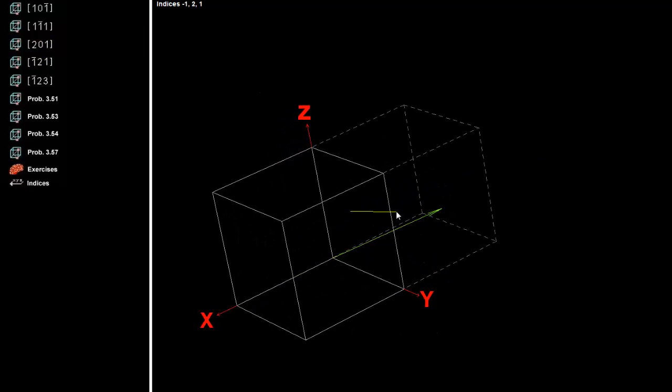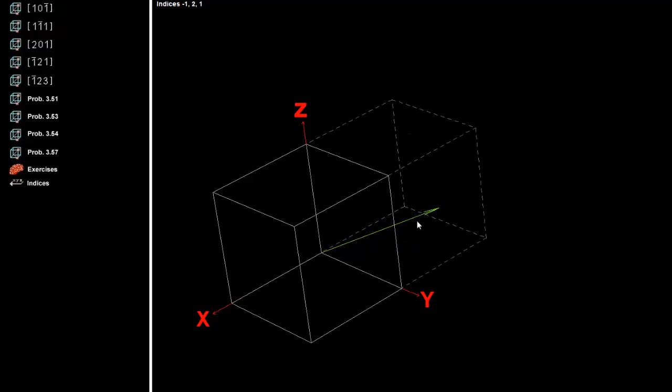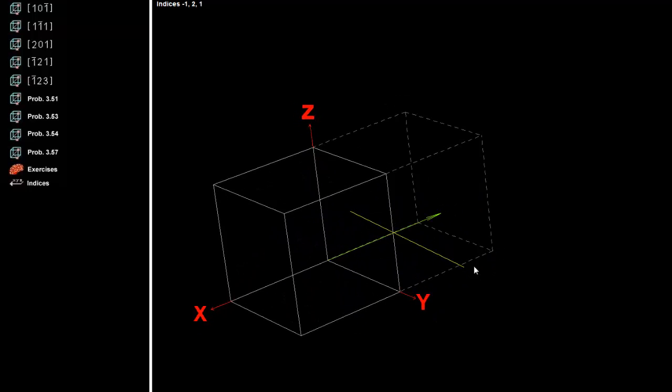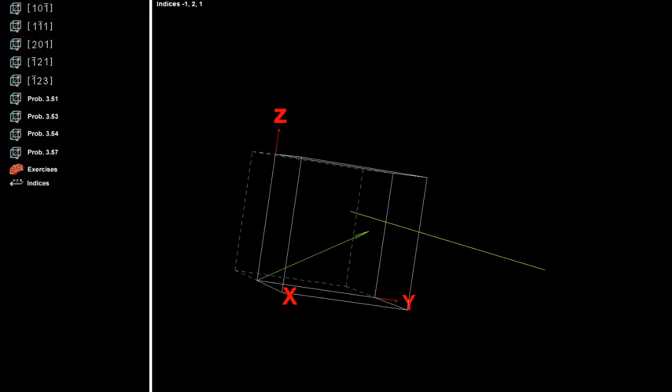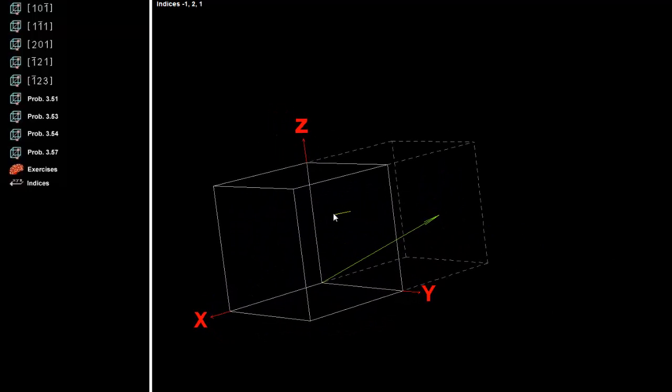So here we have the 1 bar 2 1 direction. 1 bar 2 1. What does that mean? That means we're going to go back here 1 in the x, and then we're going to go 2 positive in the y direction all the way out here, and then we're going to go up 1 in z.